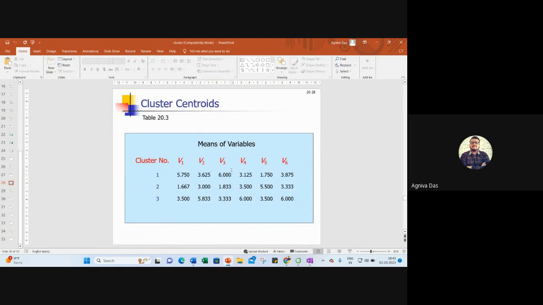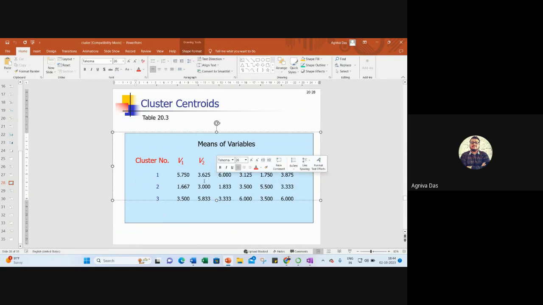V2, V4, and V6, yeah, 5.83, 6, and 6. These are for cluster number 3. V1 and V3 for cluster number 1. And that leaves us with V5, again 5.5. And here we expect cluster number 2 to come in.